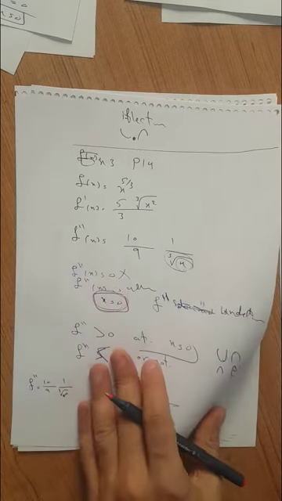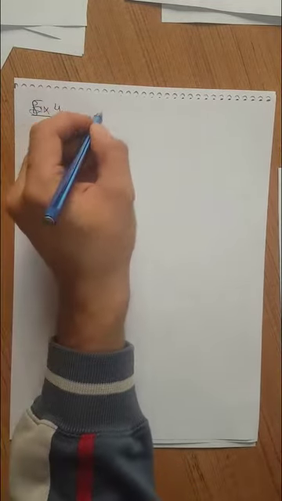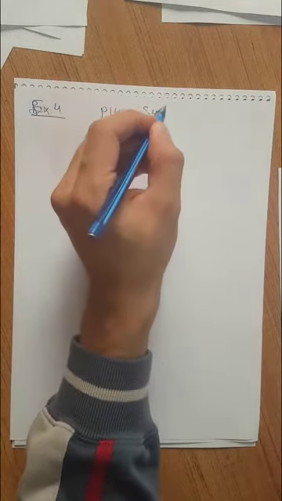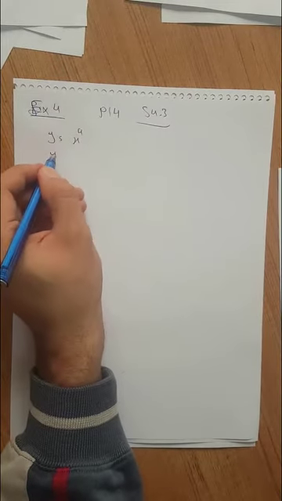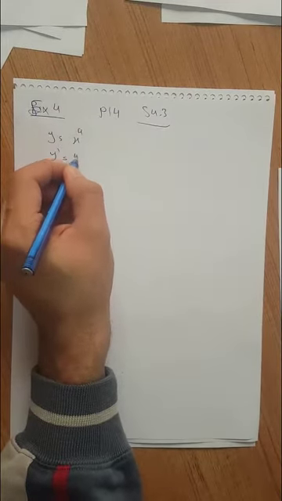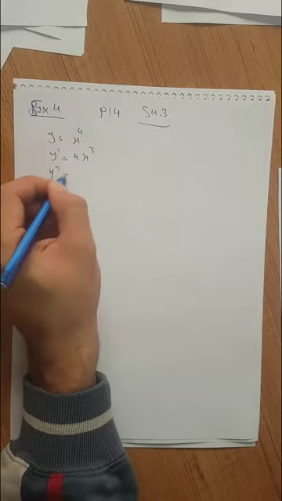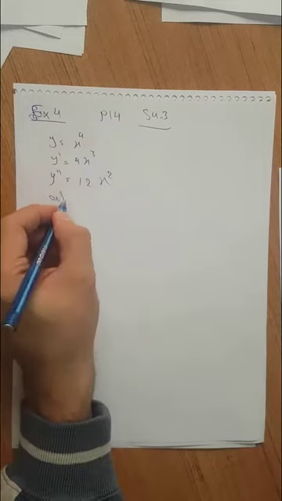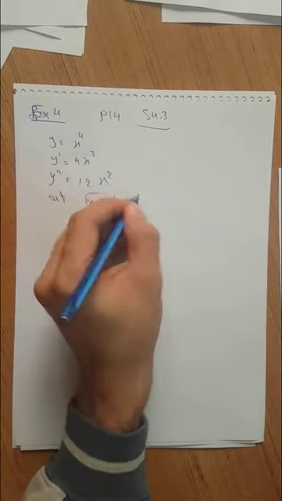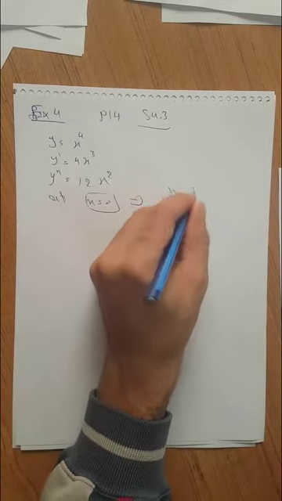Now example 4, the same page 14, section 4.3. Example 4 says y is equal to x to the power 4. The first derivative is 4x cubed, the second is 12x squared, and at x equal to 0 the second derivative is 0.